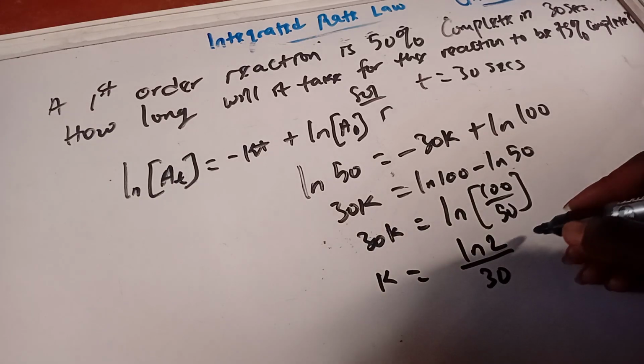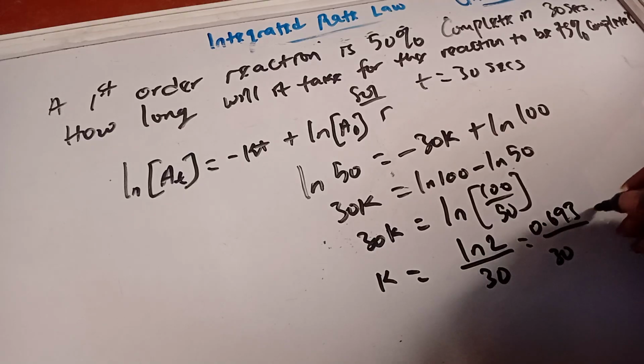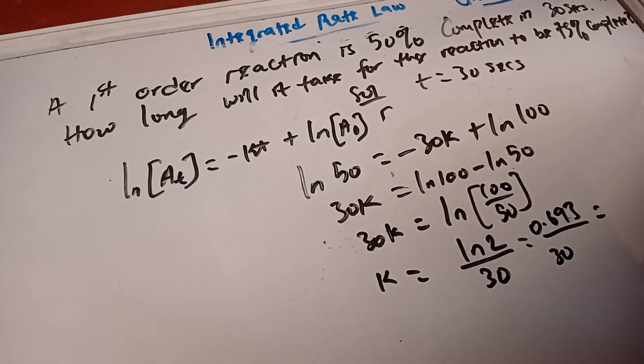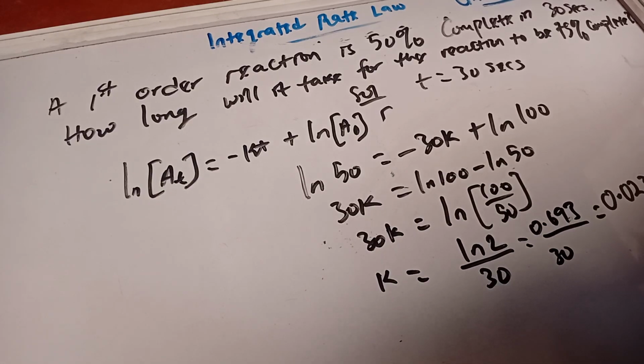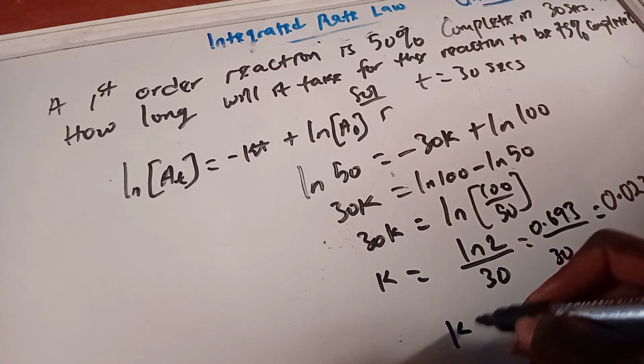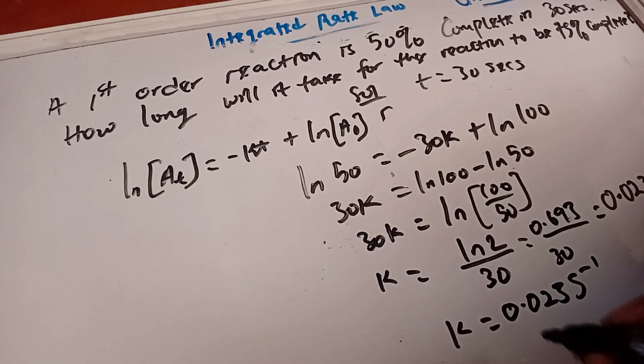So our k equals 0.693 divided by 30 equals 0.023. This is first order, so that will be per second, not M per second. Let me write it here. k equals 0.023 per second, which is the same as 2.3 times 10 raised to the power minus 2 per second.